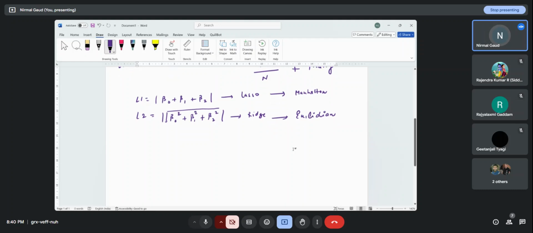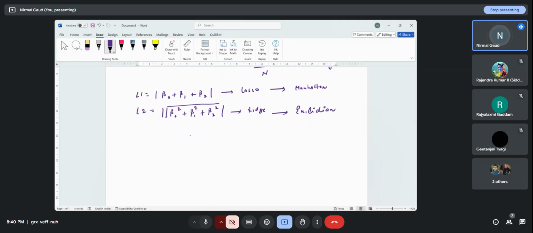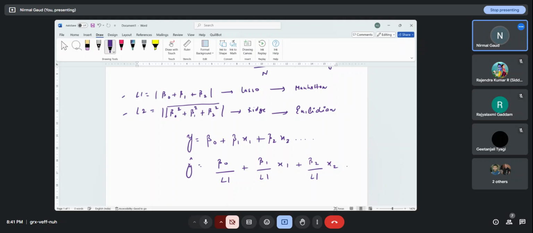And the penalty says that when you are writing your equation, beta naught plus beta 1 x1 plus beta 2 x2, you have to divide this equation by the regularization terms. Like, I will be dividing L1 to each of the coefficients present in the equation.